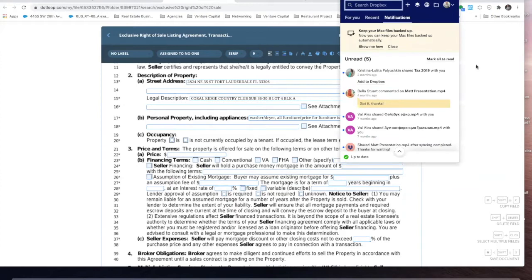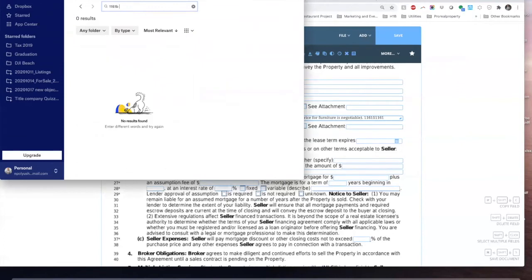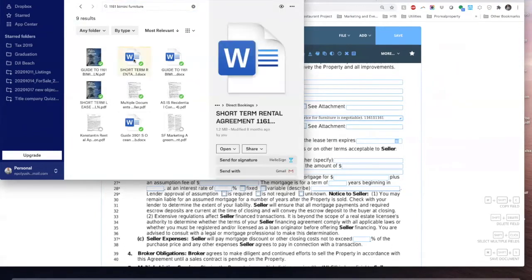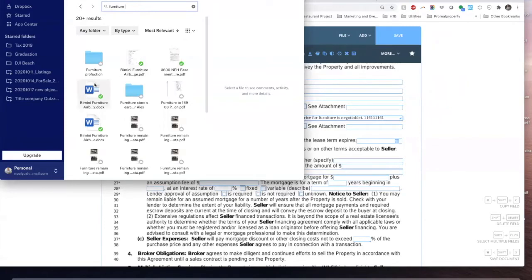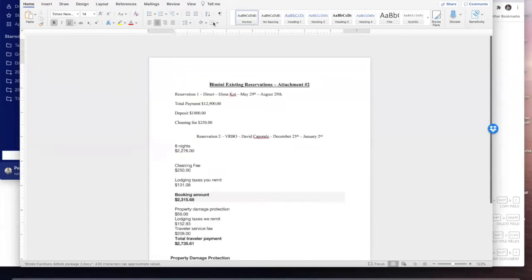And I can show you an example. I believe I have it here. One second. Go to Dropbox. Let me see, this is not it.